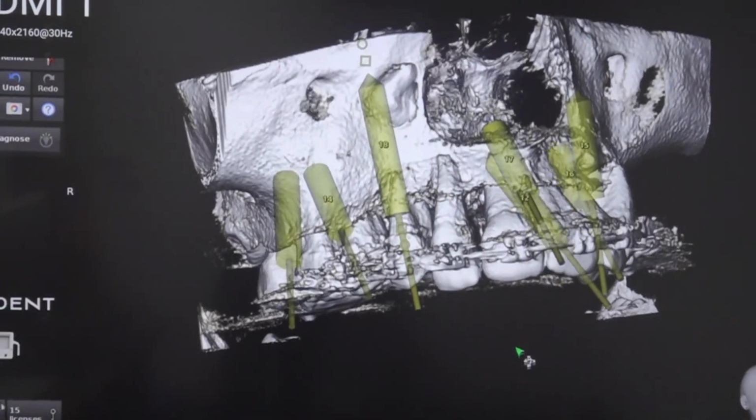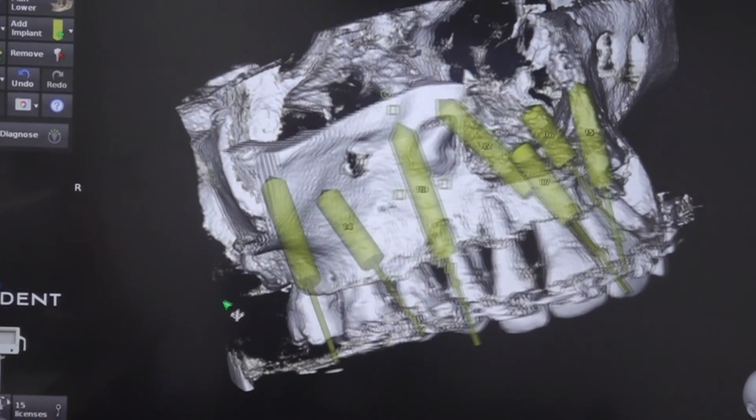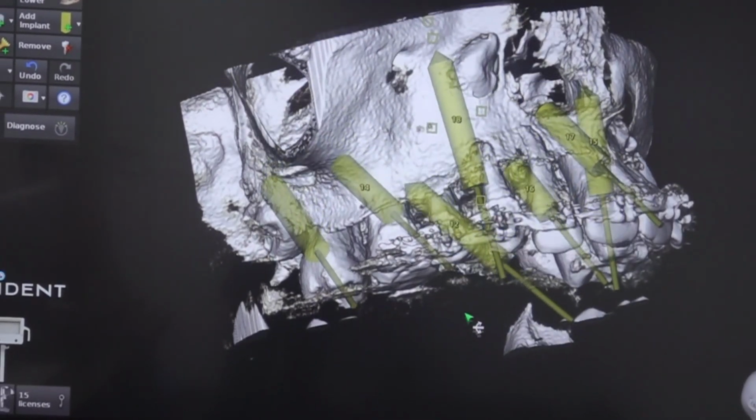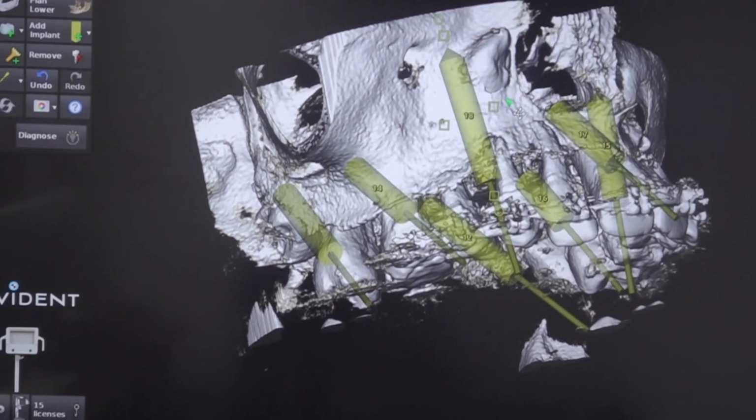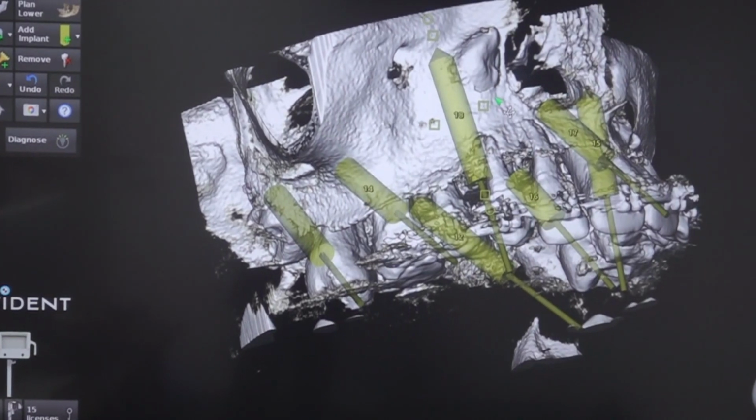So we have to plan whether we have to remove this or retain it, because this is going in an upward direction, the exit path will be upwards only, superiorly, right?